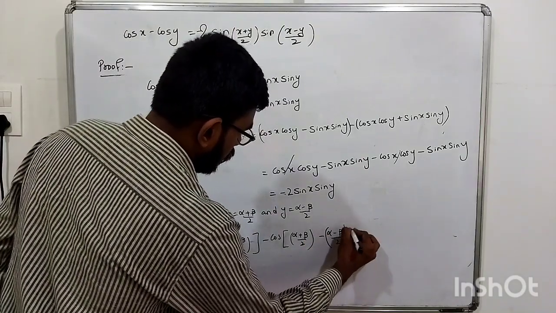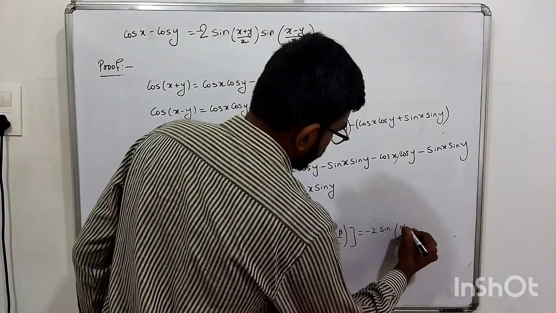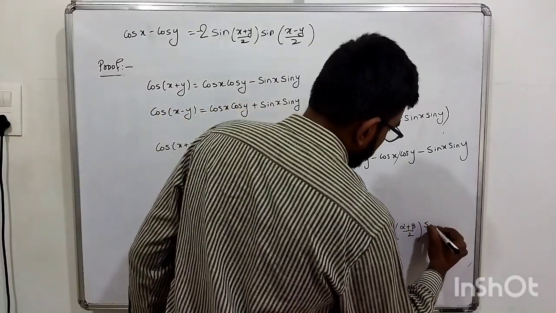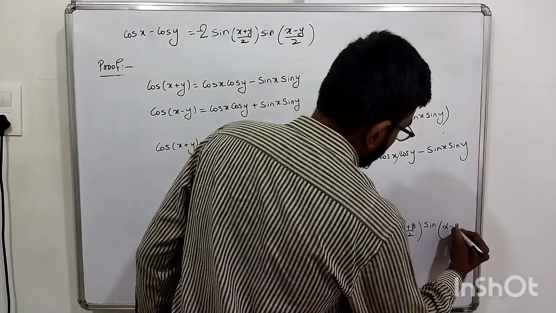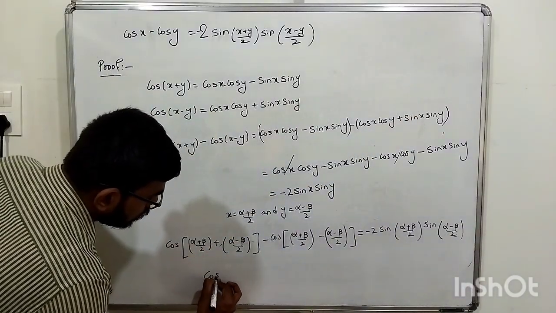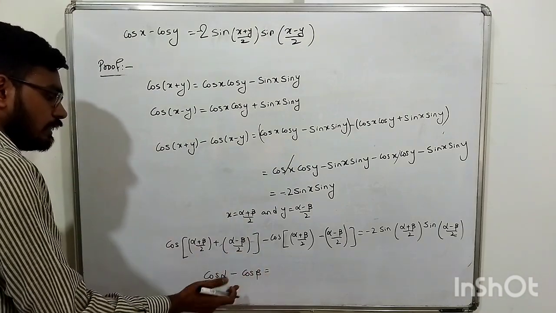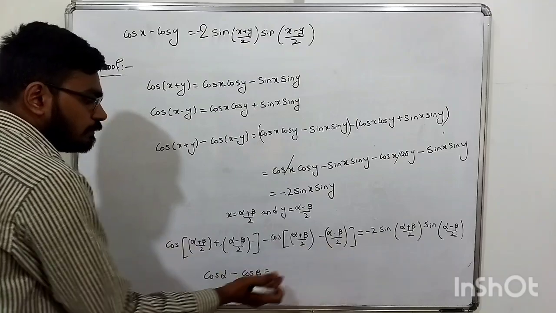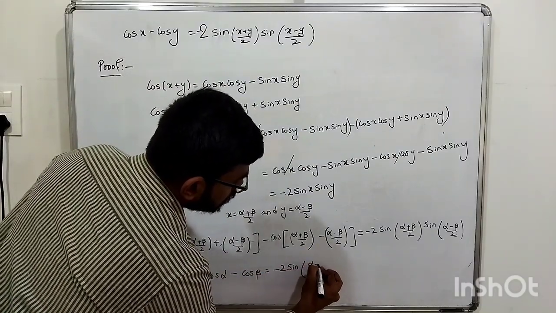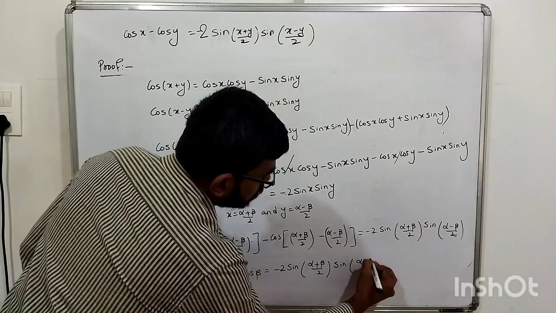Okay, and here minus 2 sin alpha plus beta upon 2 sin alpha minus beta upon 2, and again after we simplify this we get cos of alpha, and here we get cos of beta, and this is minus 2 sin alpha plus beta upon 2 sin alpha minus beta upon 2.